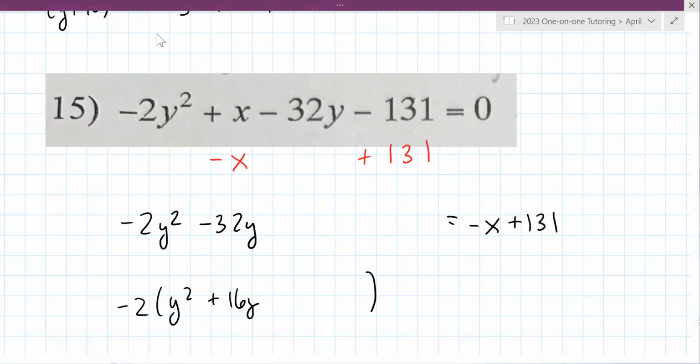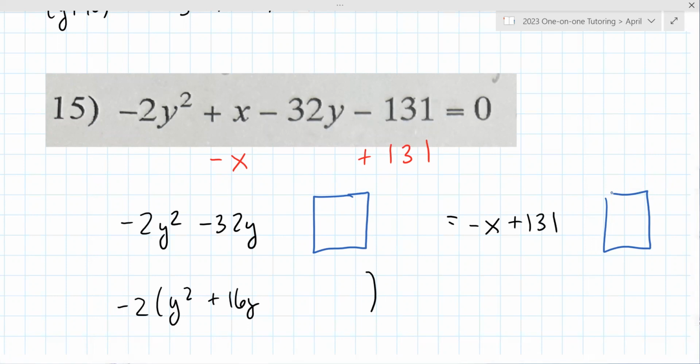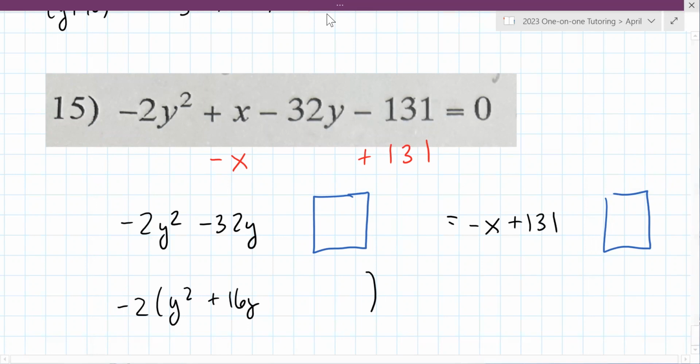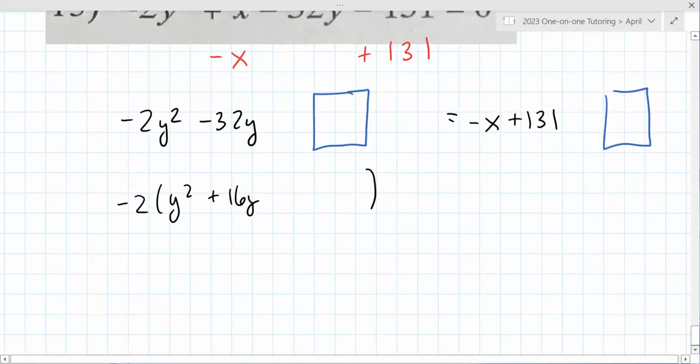To do that, there's a couple things. There's something that's going to go here that we're also going to put there. All right, so to figure this out here, you cut this number in half. So 16 cut in half is 8, (y plus 8) squared.